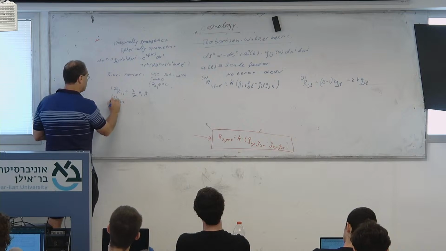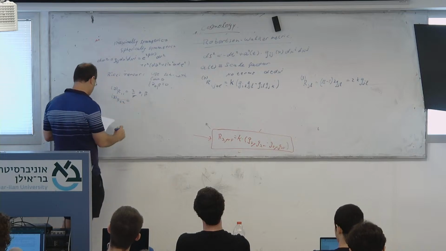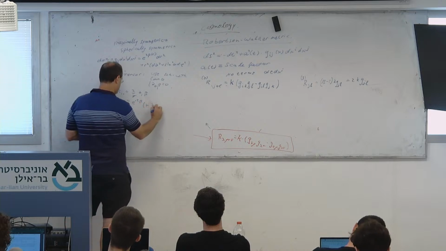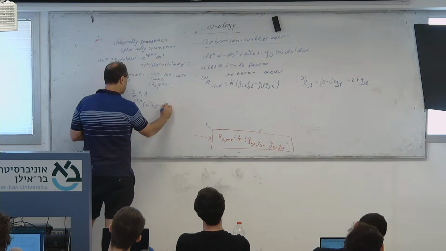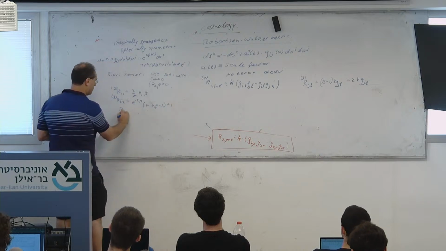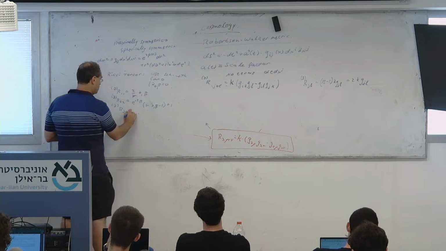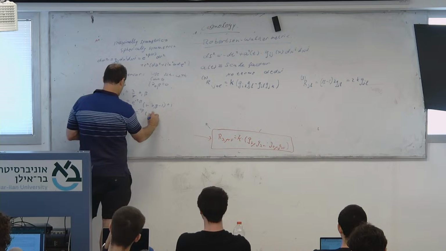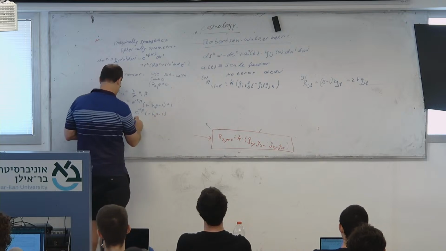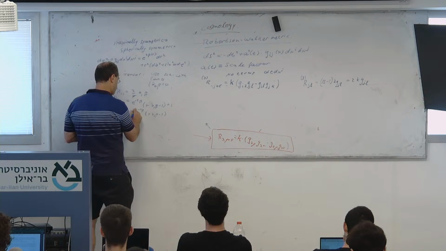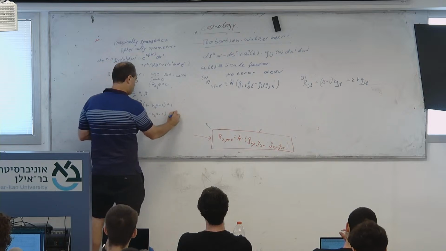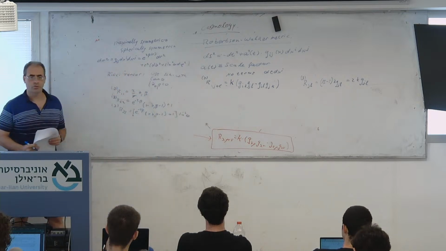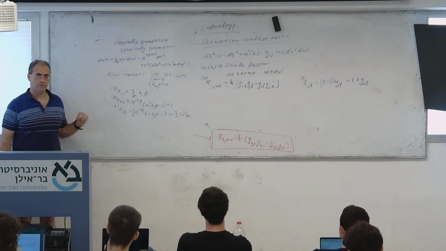R22 is e to the minus 2 beta, r d1 beta minus 1, plus 1. R33 is e to the minus 2 beta, r d1 beta minus 1, plus 1, times sine squared theta. The 3 reminds us this is 3 dimensions. This is all copied from what we did for the Schwarzschild metric.